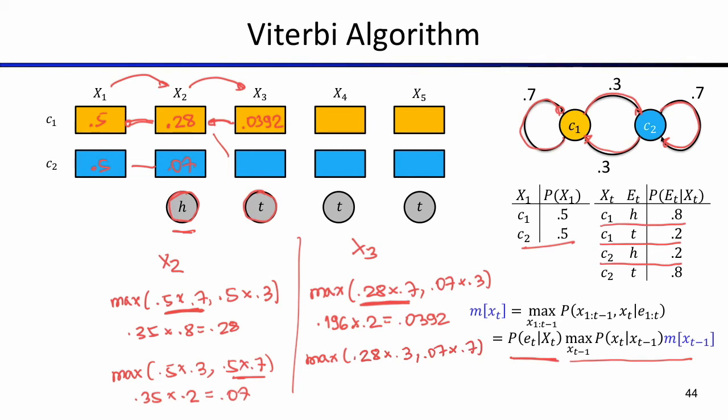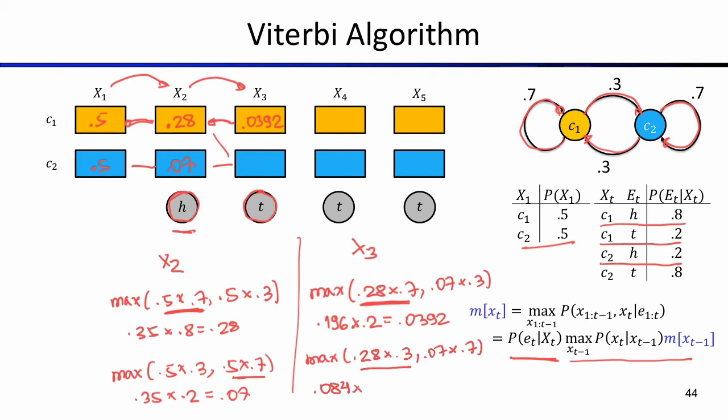And so we have these two possibilities here, and the one that has the highest probability is going to be this guy here. So the probability is 0.084.